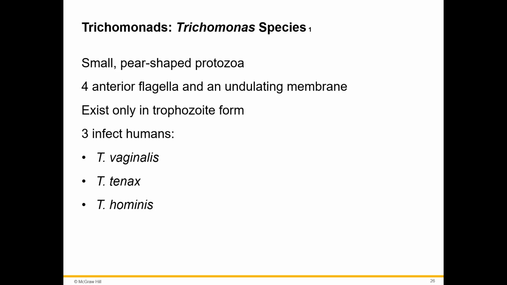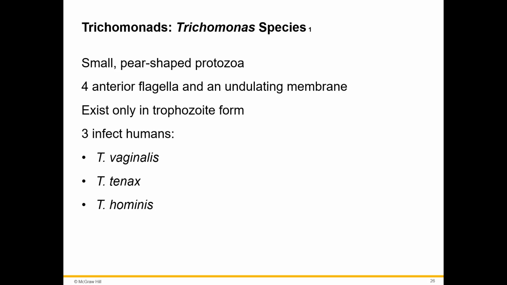They also have this undulating membrane on the outer side of their body that helps them flow throughout us. They only have a troph form. There is no cyst form in Trichomonas. Please remember that: Trichomonas only has a troph form.